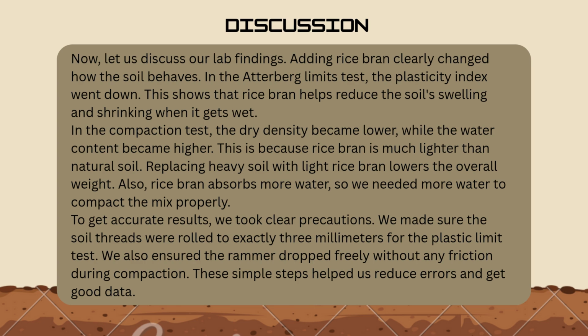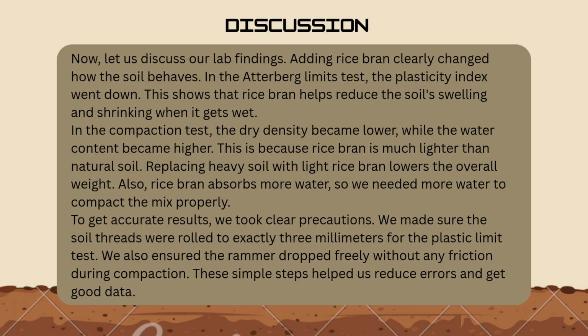This is because rice bran is much lighter than natural soil. Replacing heavy soil with light rice bran lowers the overall weight. Also, rice bran absorbs more water, so we need to add more water to compact the mix properly.